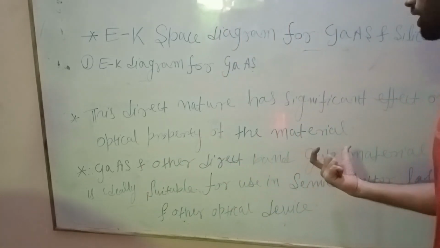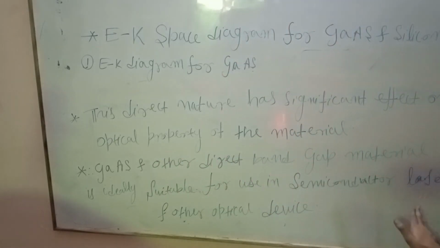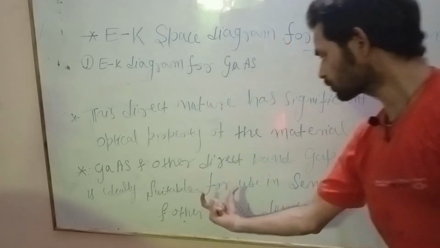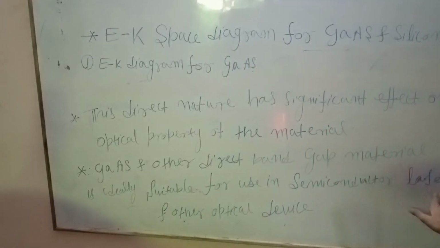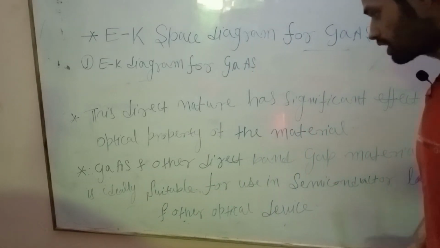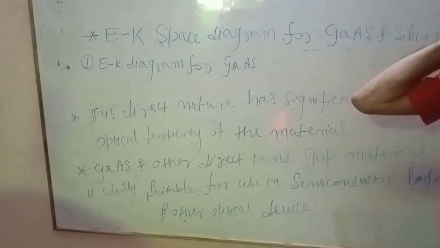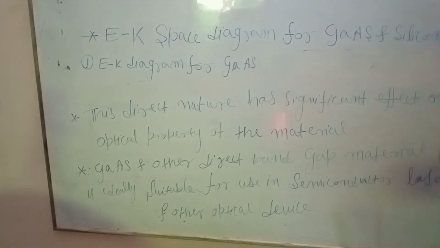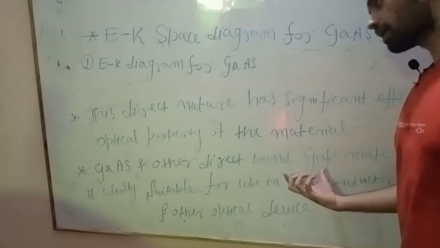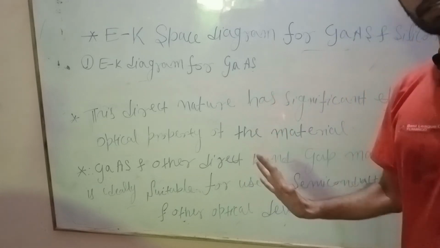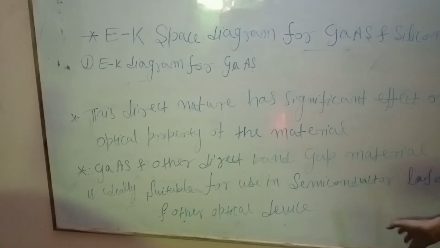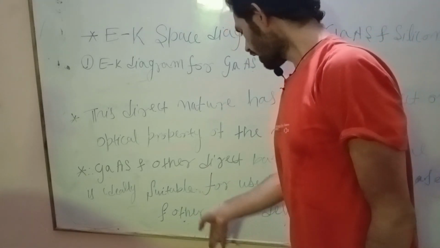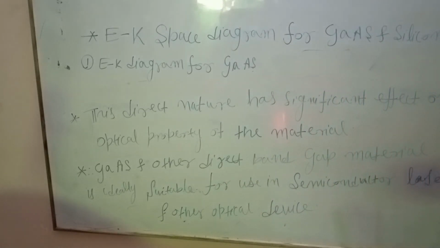Gallium arsenide and other direct band gap materials are ideally suitable for use in semiconductor lasers and other optical devices. So these are the advantages that we see in direct band gap semiconductor materials.